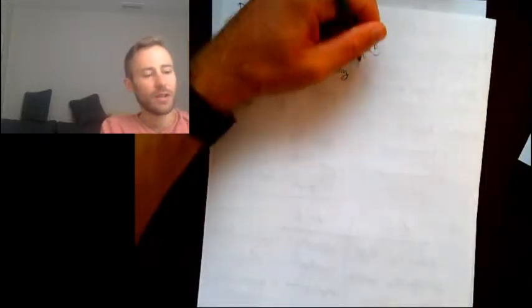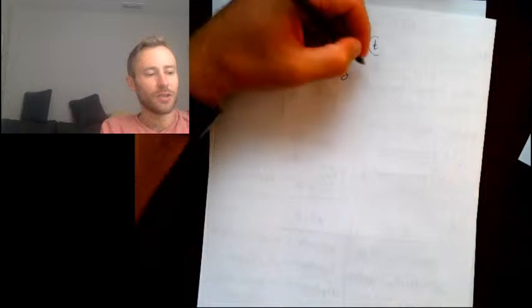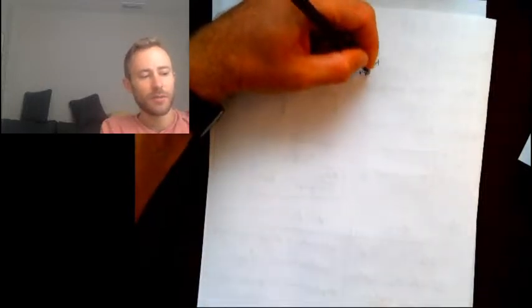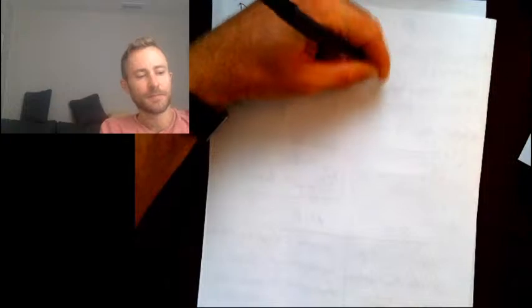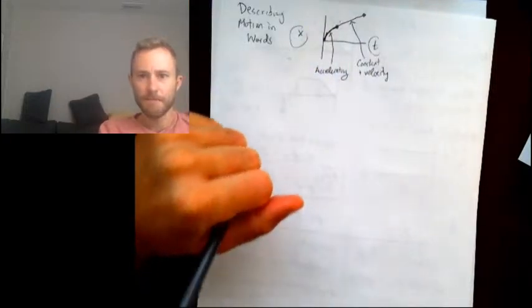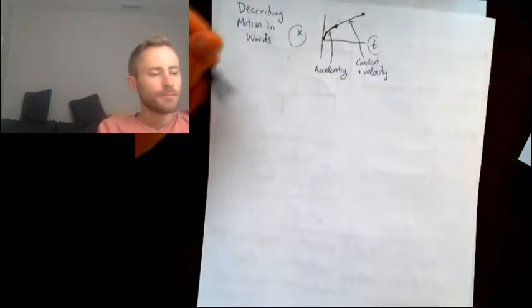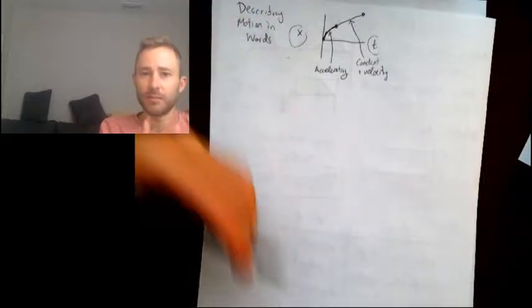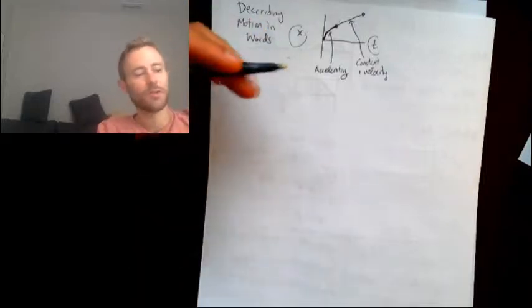So this section represents a constant positive velocity. Okay? So that would be an example of interpreting this position time graph in words.